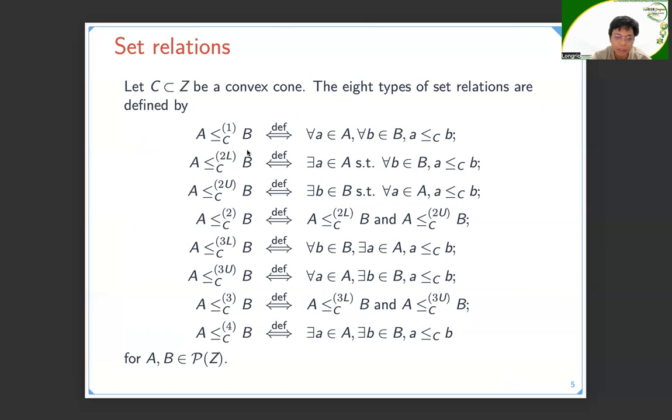A set A is inferior to another set B if and only if all elements of this set are inferior to all elements of the other set.